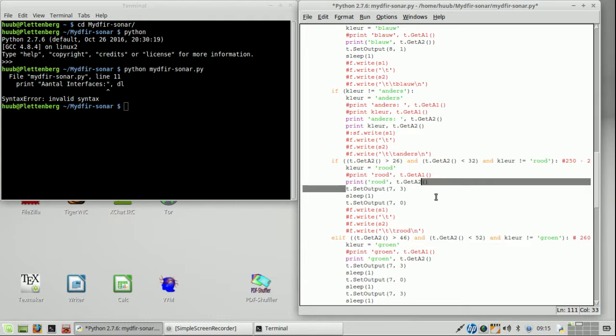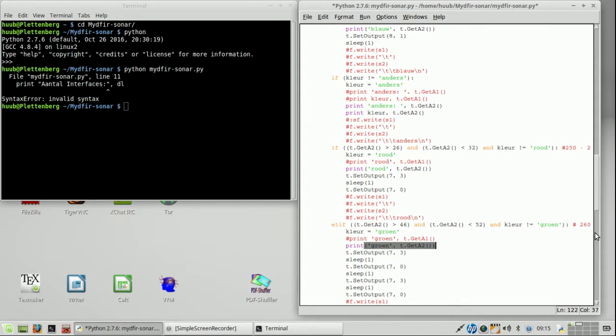So what I need to do is making sure that the buzzer only goes on a color. But then again, how to do that?